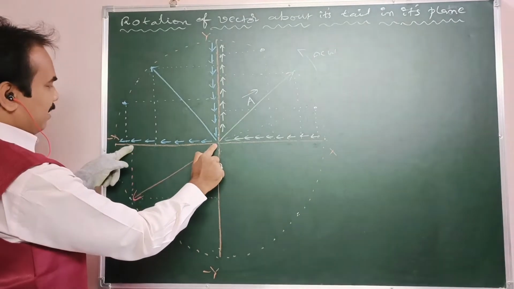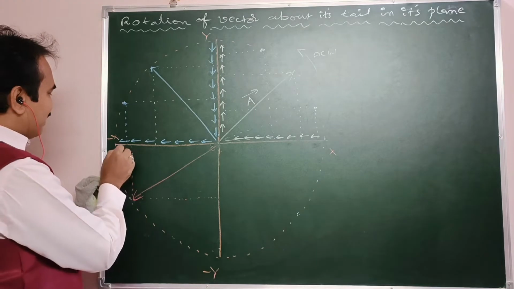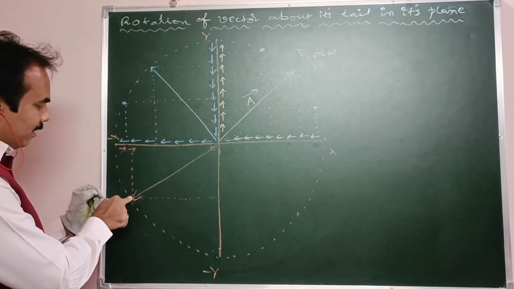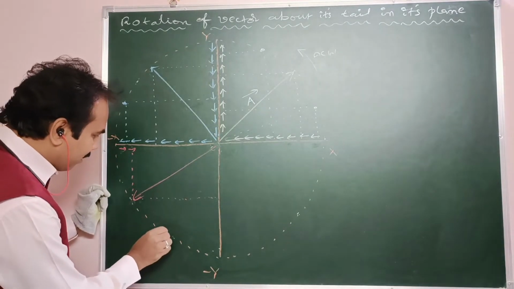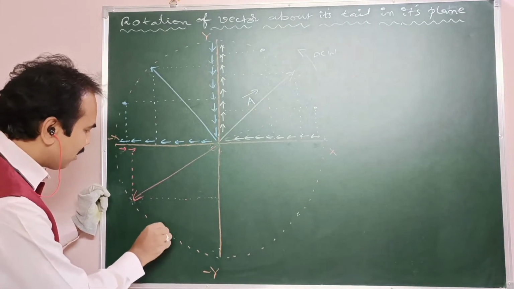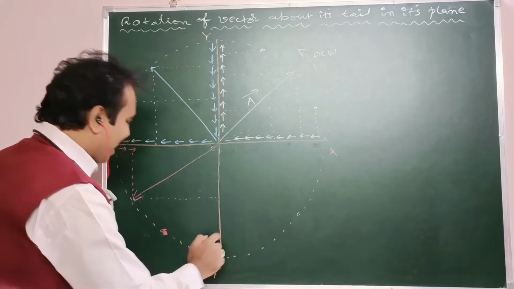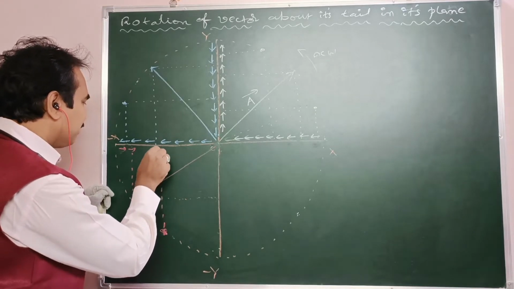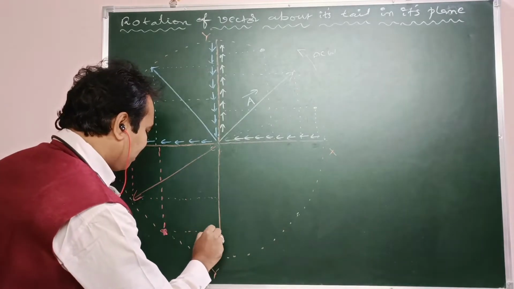Presently this is the length of that vector when it comes here. So the x coordinate decreases. When the same vector comes here, for example, the tip comes here. Now take two more normals, one onto the x axis and another onto the y axis.